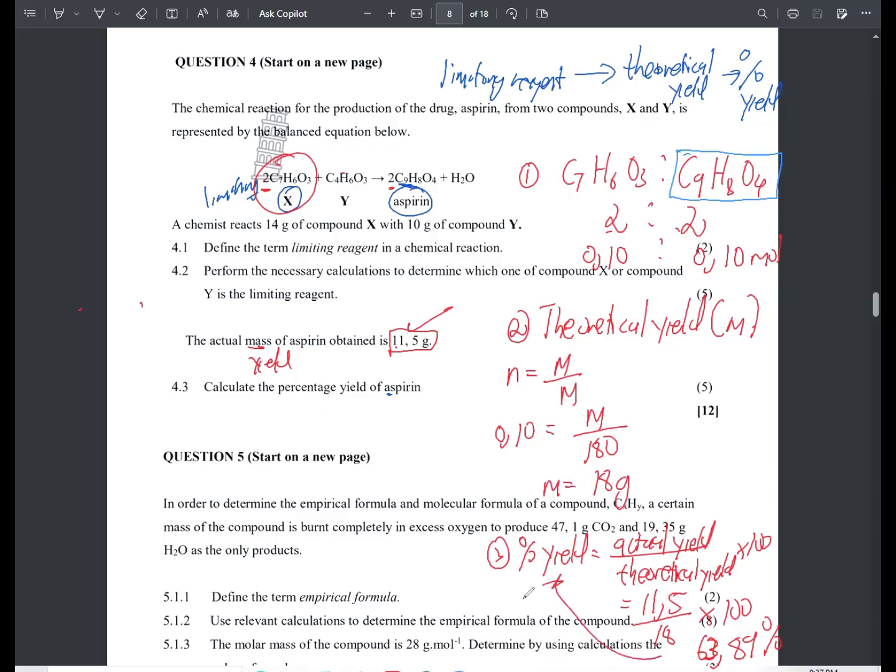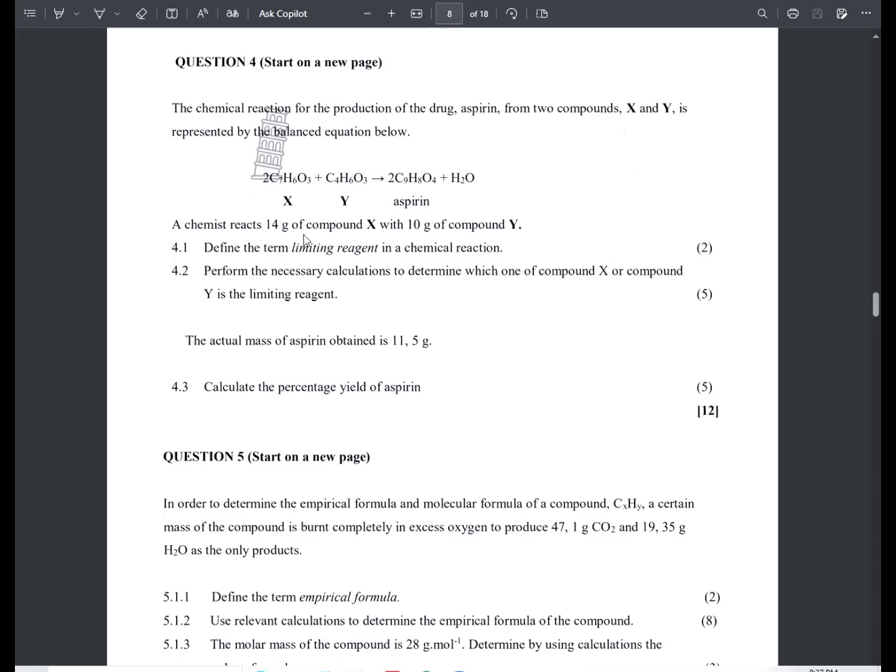And that becomes your percentage yield. Nice. So again, we can see that our percentage yield will not be equal to the actual yield. Okay, nice. So 12 marks in the bag, just like that.